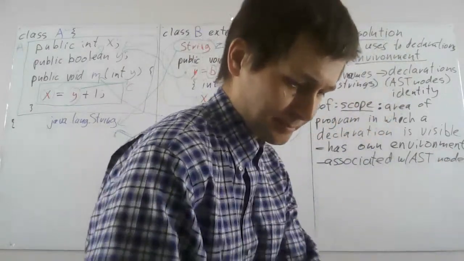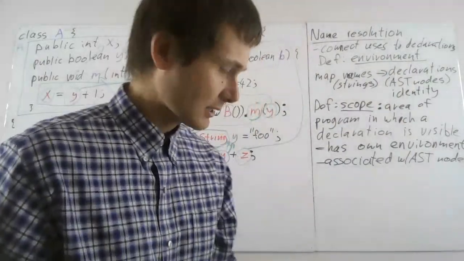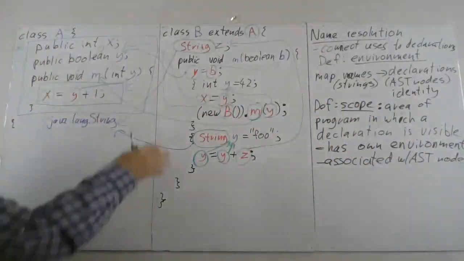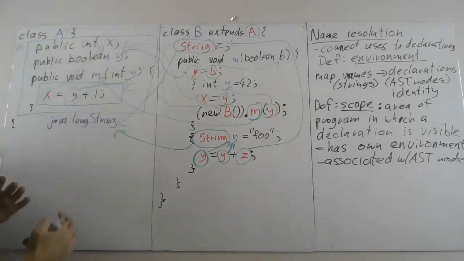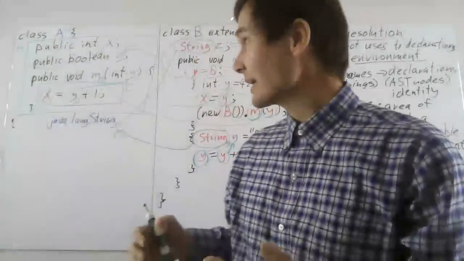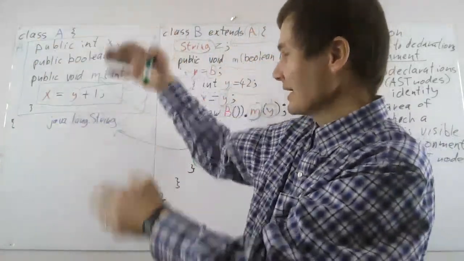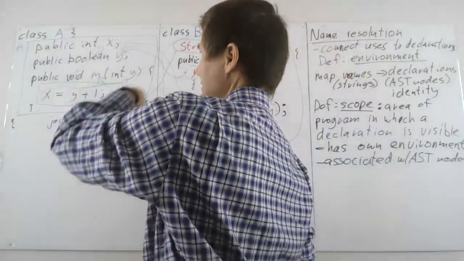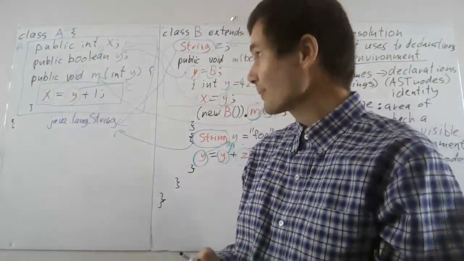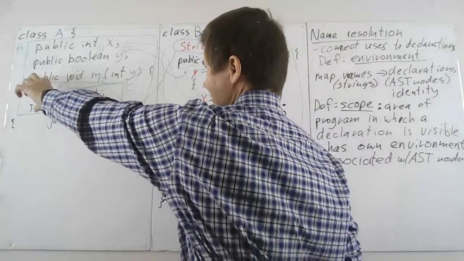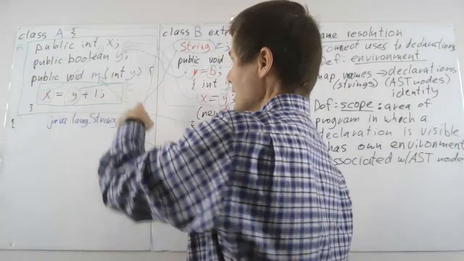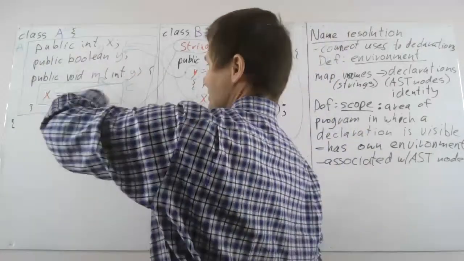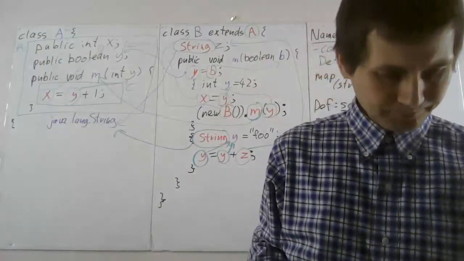So for example, the class scope here, I would attach it to the AST node for the class, and anything in the subtree of the parse tree that is rooted at this AST node can see the declarations in this scope, right? And this scope here, where you can see the parameter y, would be attached to the method AST node.